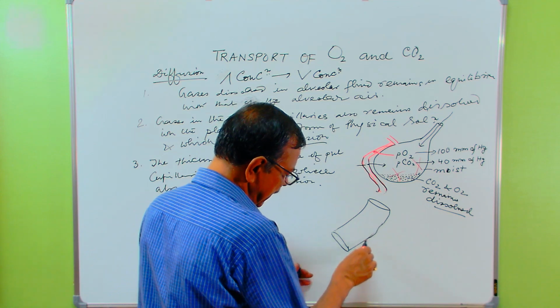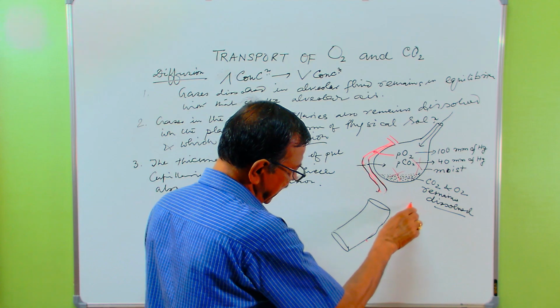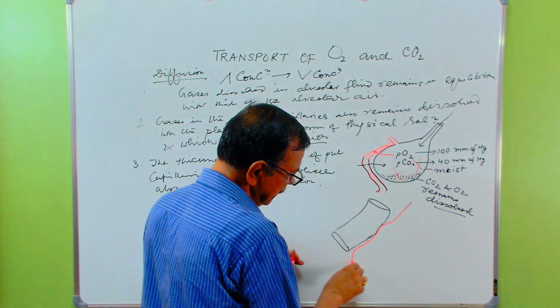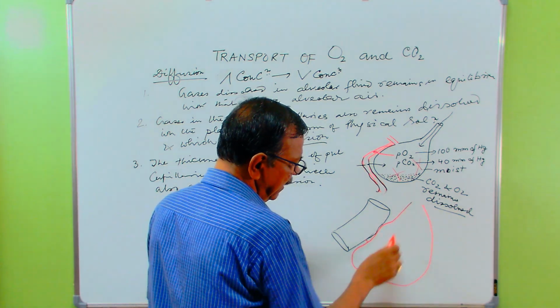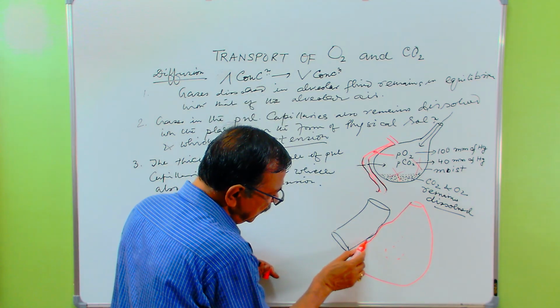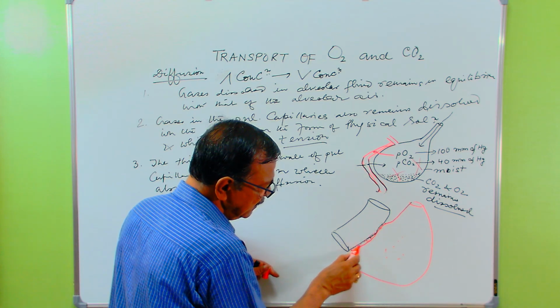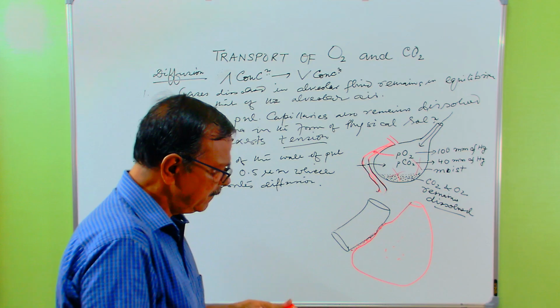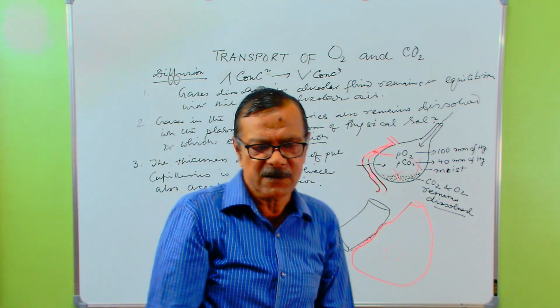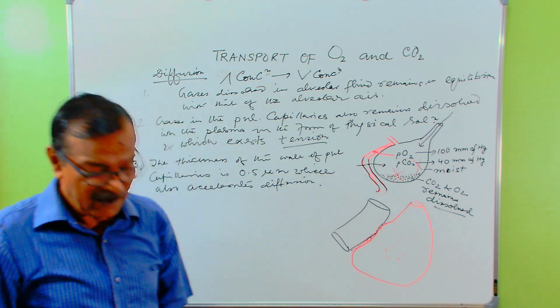This is pulmonary capillaries, and I am writing alveoli in red. This alveoli contains atmospheric air. So this touching point, over the capillaries of a human adult, is how much?